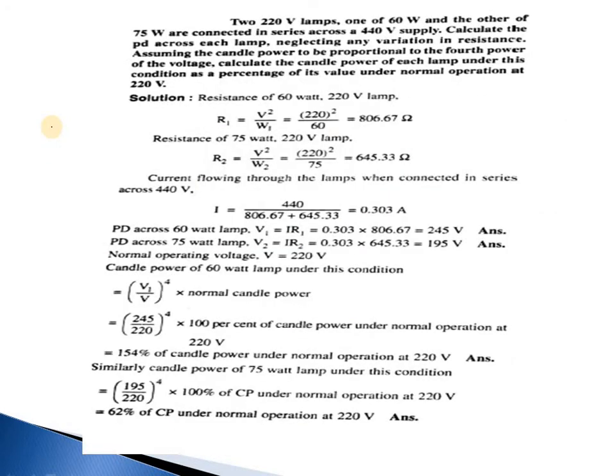Now we will go to the next problem. Two 220 volt lamps, one of 60 watt and the other of 75 watt, are connected in series across a 440 volt supply. Calculate the PD across each lamp.